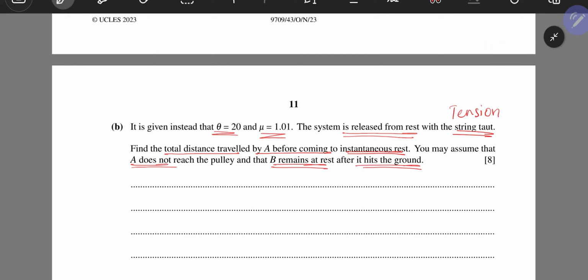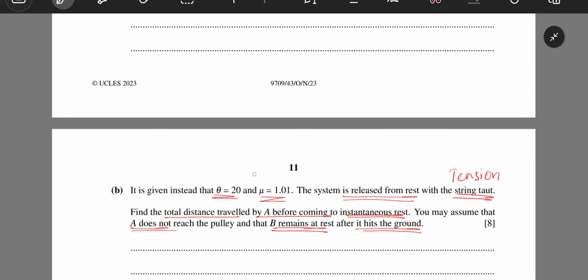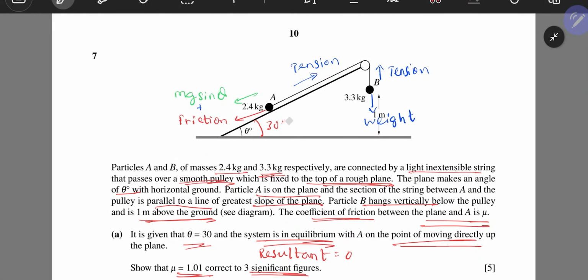So this is going to take a lot of information to solve. They've given us theta, so let's fix the diagram accordingly. So 20. The direction of tension will remain the same. Since the angle is decreased, the tension will change.